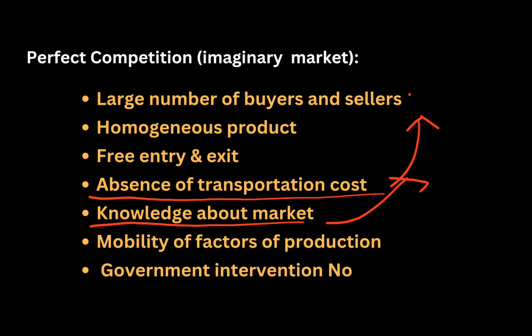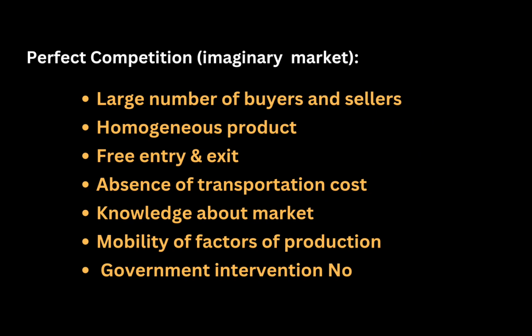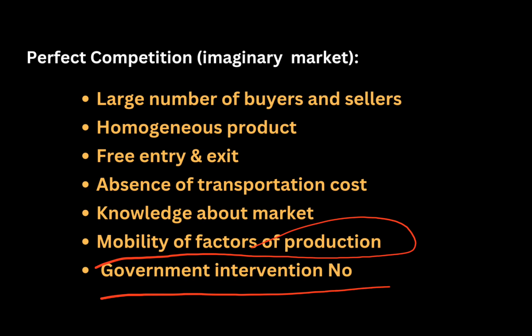Next one, mobility of factors of production. The factors of production are free to move from one place to another, from one industry to another industry, easily, to get better remuneration. So there is mobility of factors of production. There is no intervention by the government.